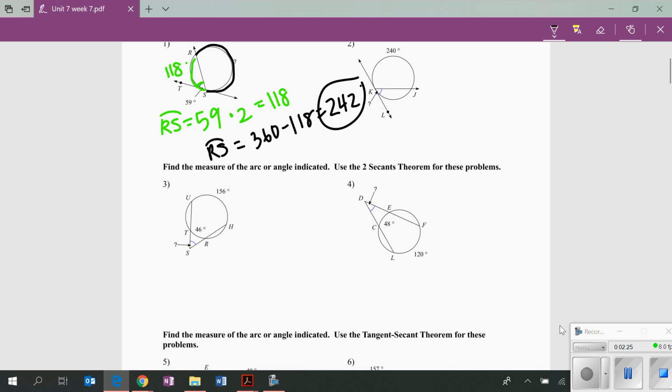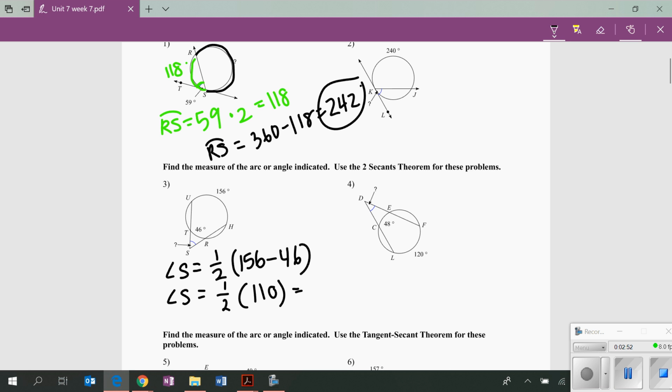And to solve for that, it says that angle S is going to equal 1/2 times my outer arc, 156, minus my inner arc, 146. So angle S is equal to 1/2 times 110, and 110 divided by 2 is just 55 degrees.